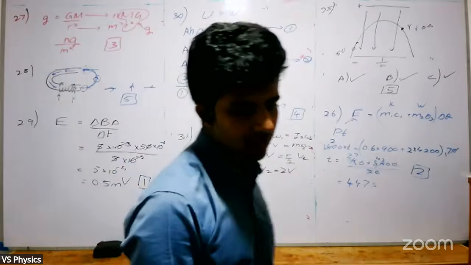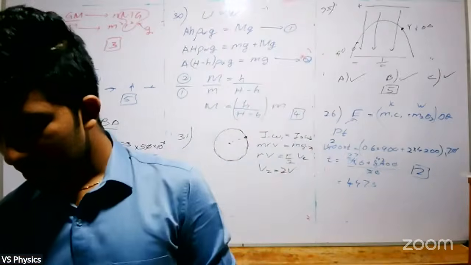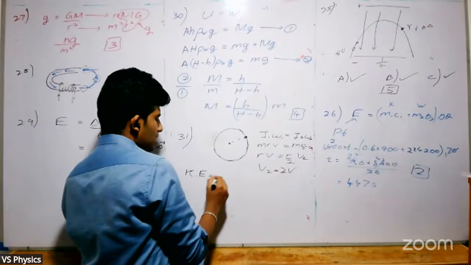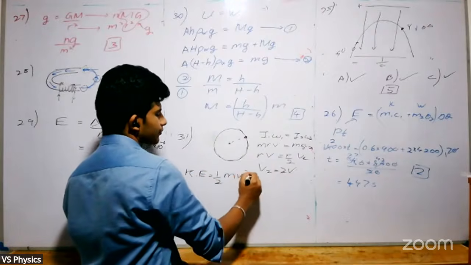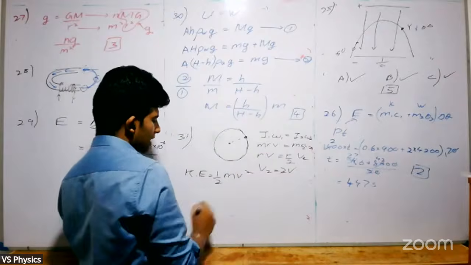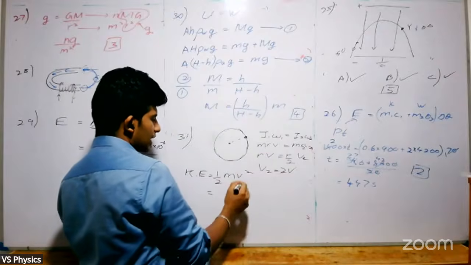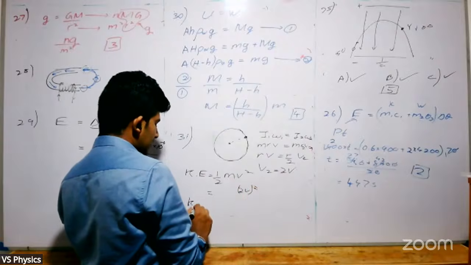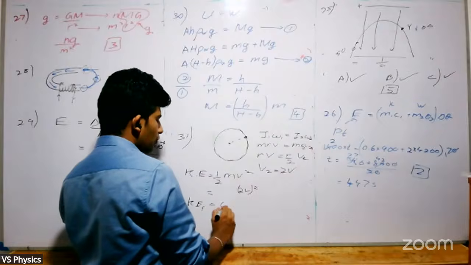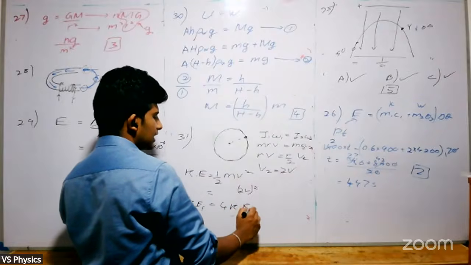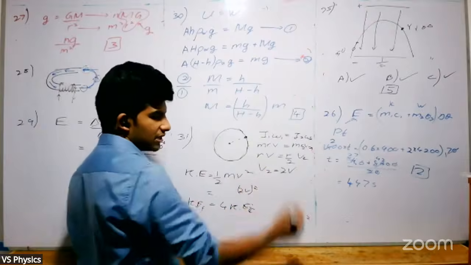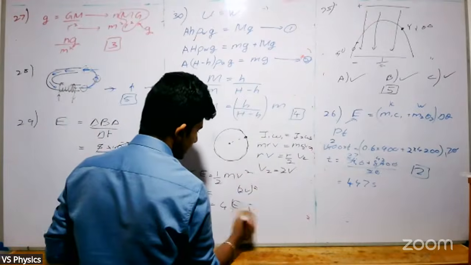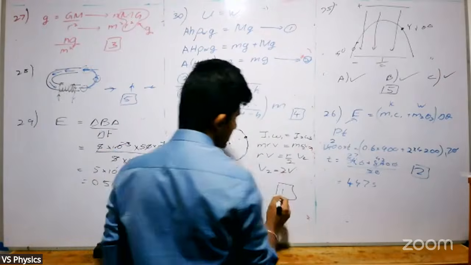So we have found the final velocity. Kinetic energy depends on half m v squared. Initially we had v squared, now we have 2v squared. That means final kinetic energy is 4 times the initial kinetic energy. Our answer is 4, the first answer.